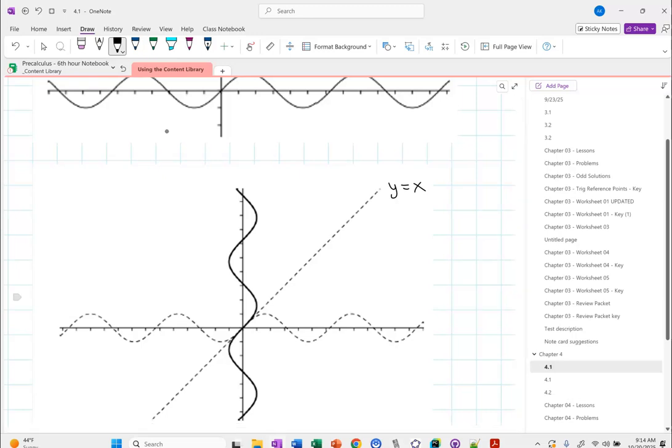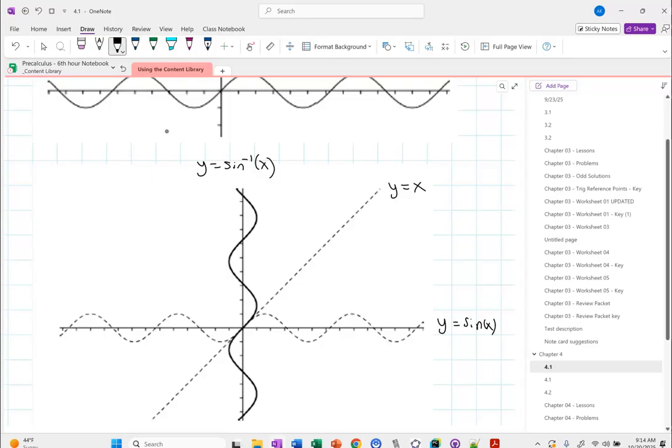Here's the line y equals x. So that guy is the inverse of y equals sine x. Is everybody okay with that?